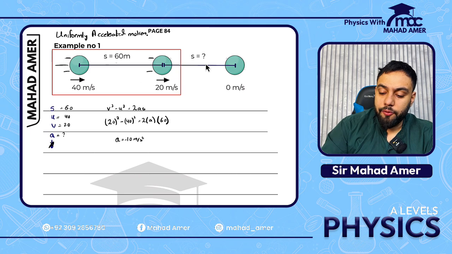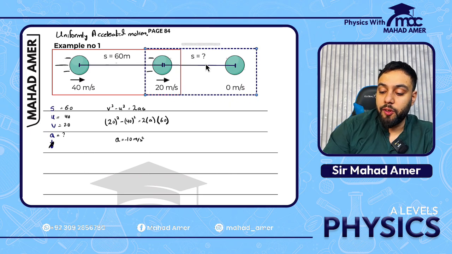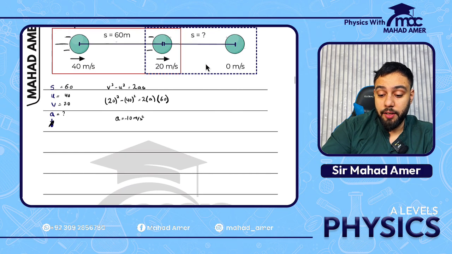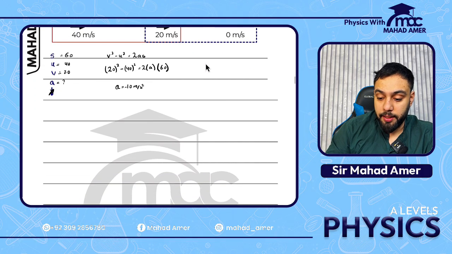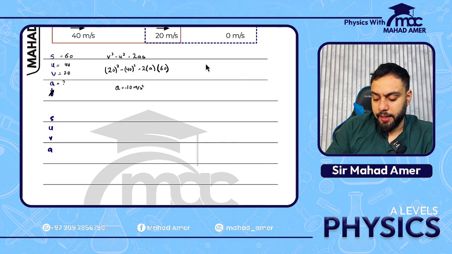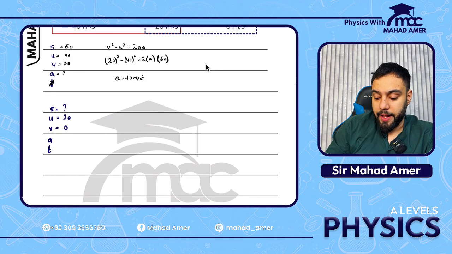Now, for the second part of the journey for which I need the displacement, I can safely say that acceleration is going to stay the same. So for the second part of the journey, I am going to be applying the equation. Again, I'll write SUVAT, just to make your understanding easier. I usually don't like writing this, but okay. S is unknown, initial velocity is 20, final is 0, acceleration is negative 10, time is not needed.